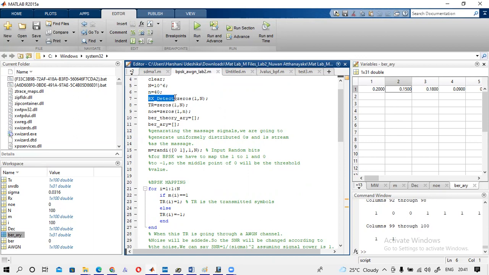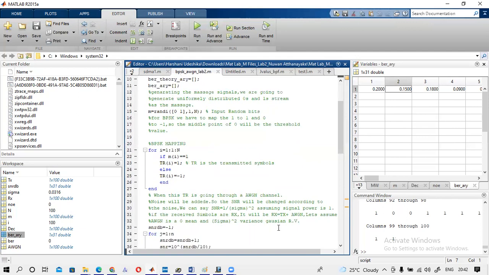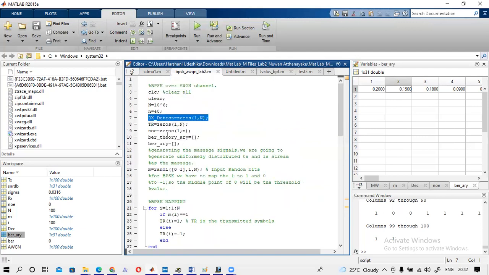This is my received detected bit. Before putting it into the array, I have defined a zeros array here. You can type this on the command window and see what happened: it generates only a zero array, 10 to the power 6 zeros in one row.